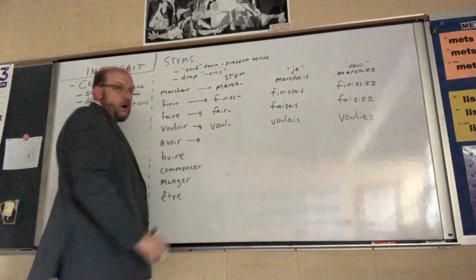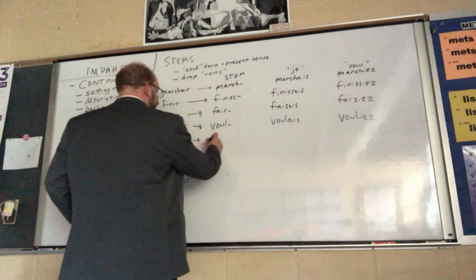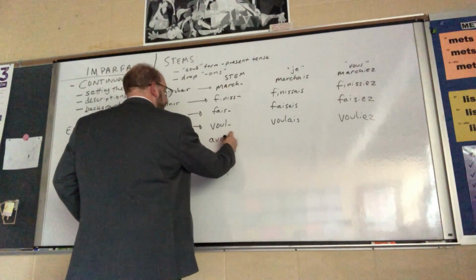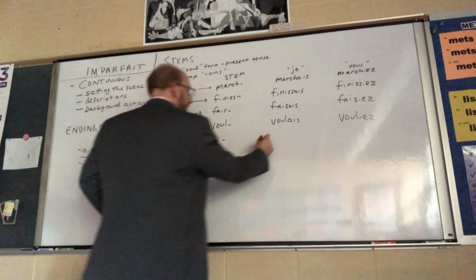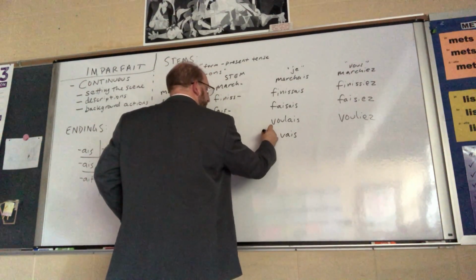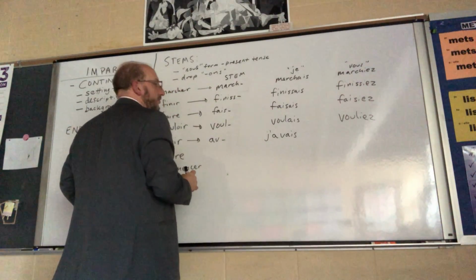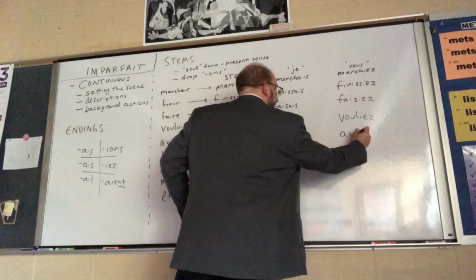Avoir, to have, often in the imparfait when you're talking about something that somebody had over a long period of time. We have avons, simple enough. Drop the ONS. I had, j'avais. Oh, by the way, because that starts with a vowel, you do that, right? J apostrophe. You guys had, vous aviez.